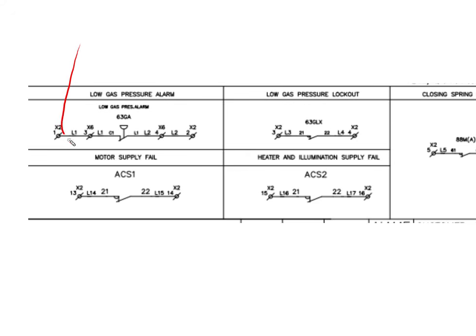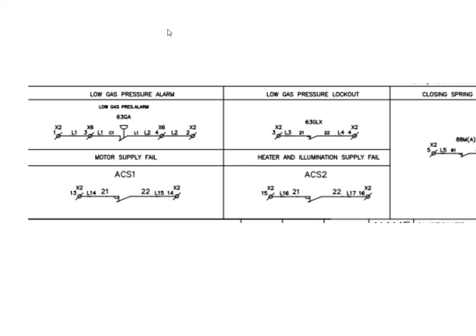Indication positive will come to this TB here X2-1, and this will be looped with X2-2, X2-4, and then with X2-3. These loopings will be there. So indication positive for low gas pressure alarm is X2-1 and X2-2.